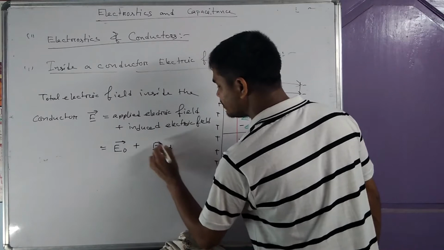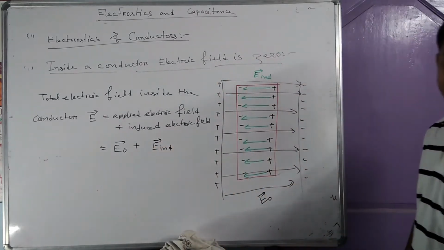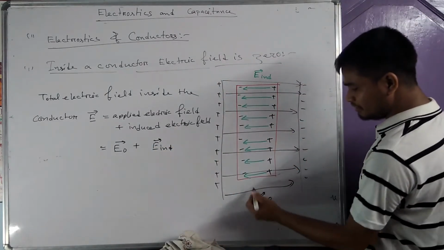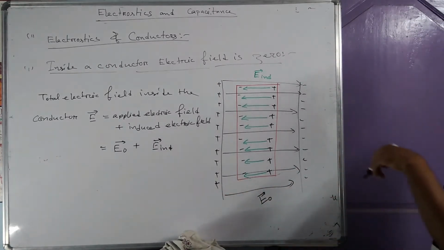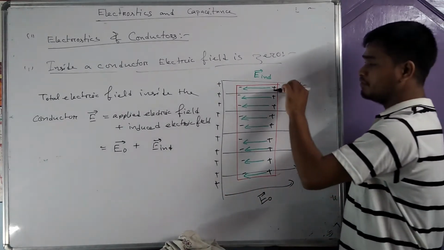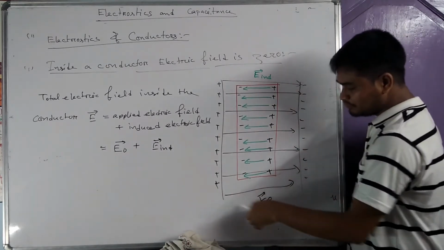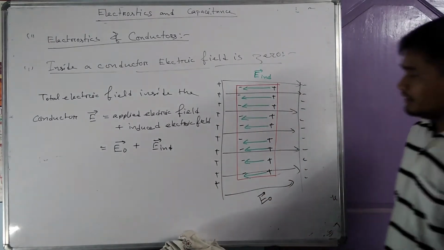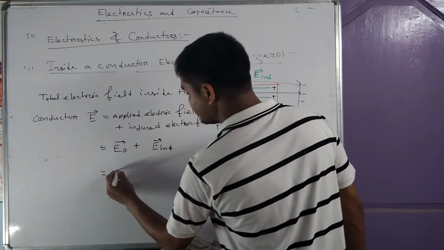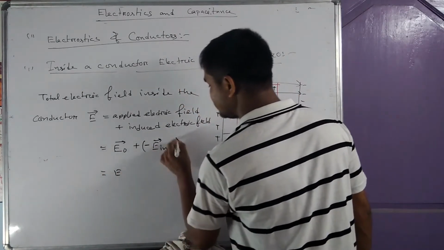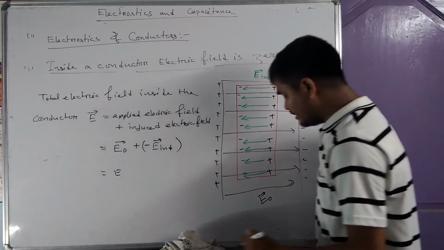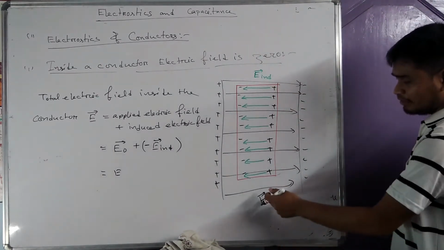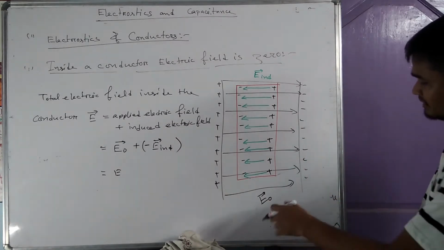You can see that the direction of E naught is from plus to minus, that is in this direction, and the produced induced electric field is from positive to negative, that is opposite to this E naught. Oh sorry, this is E induced. Again, at equilibrium or at the last stage, what will happen?